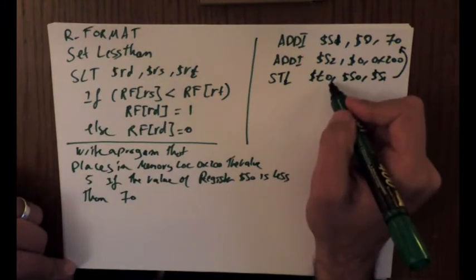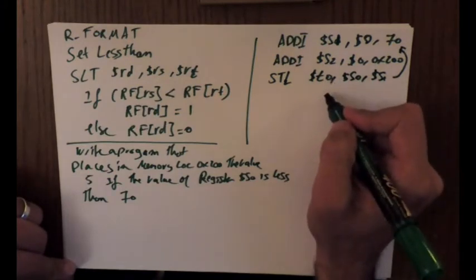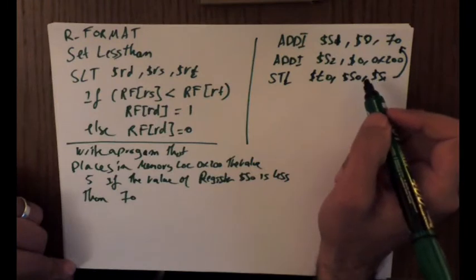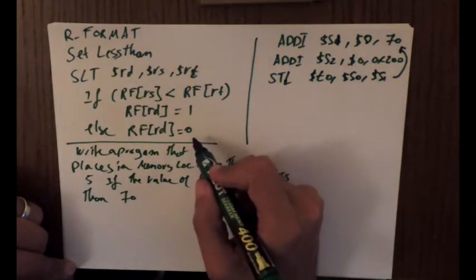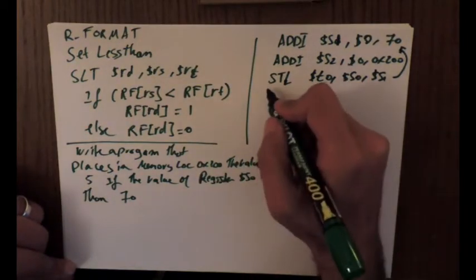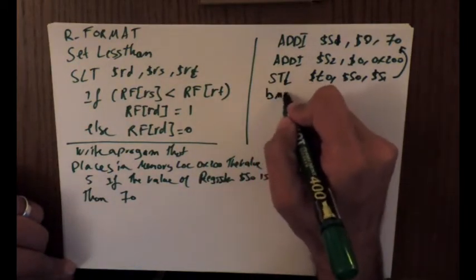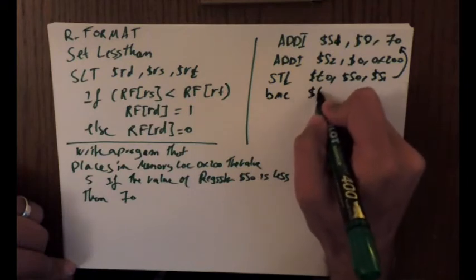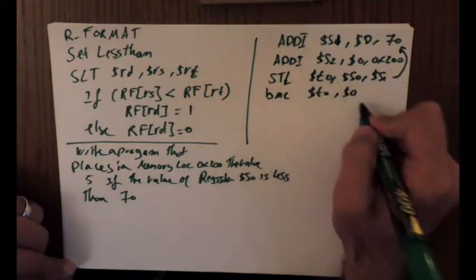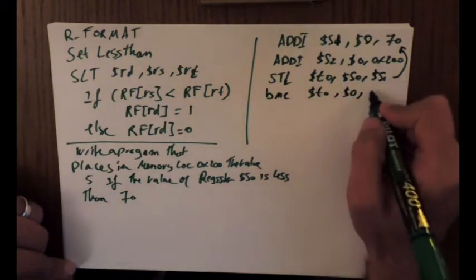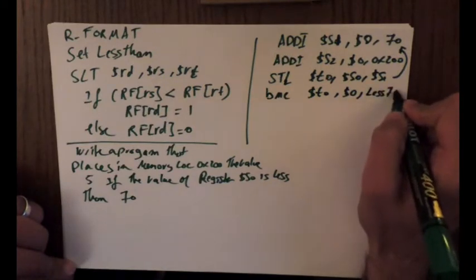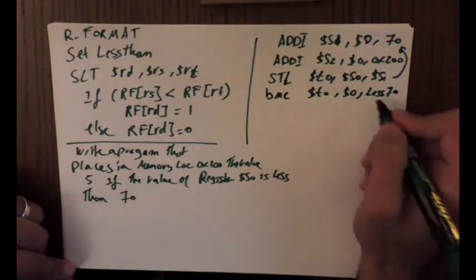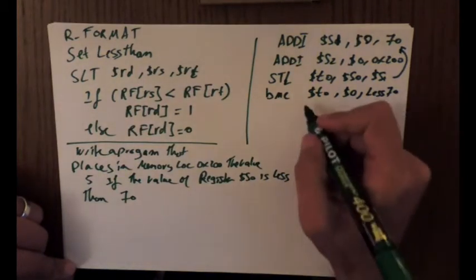I need to check if T0 is 1 or T0 is 0. So if it's equal to 0, this means it's not less. So I'm gonna say branch not equal T0, 0, and I'm gonna go to less than 70. So this is my label. I can name whatever label I want.